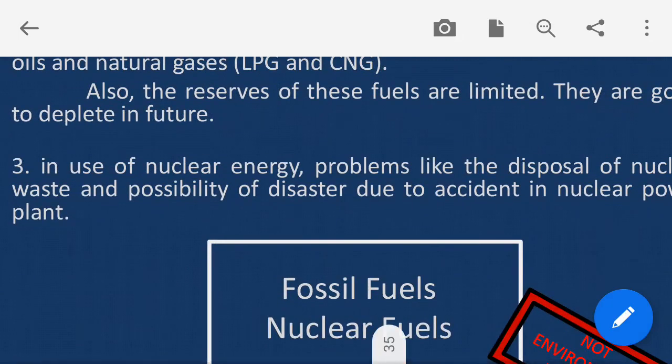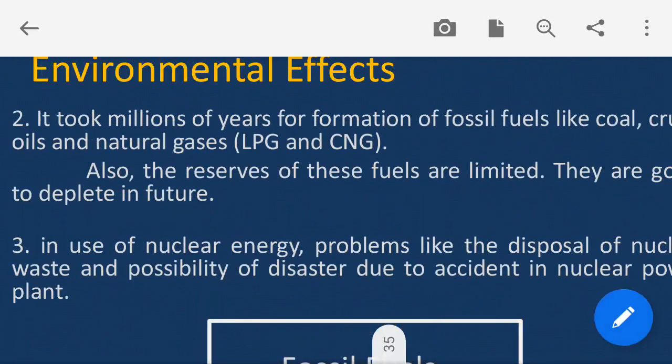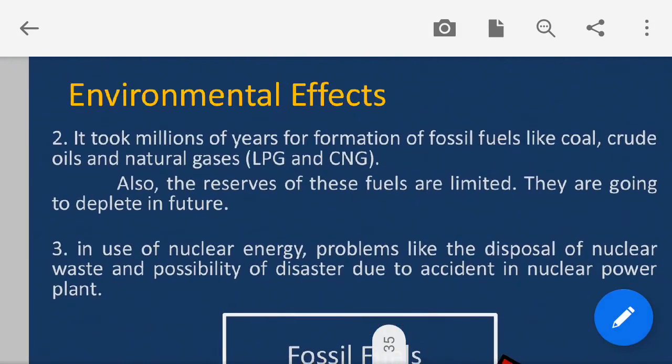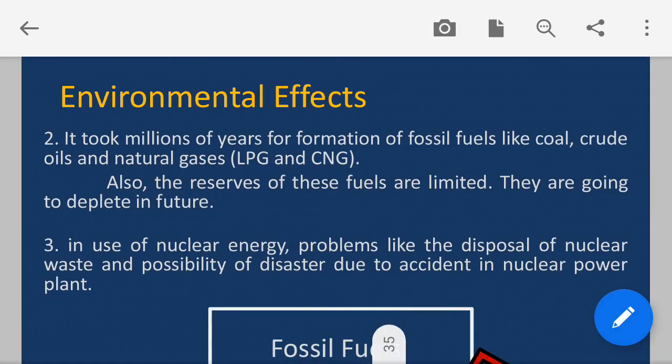The next reason: it took millions of years for the formation of fossil fuels like coal, crude oil, and natural gases. We know that these fuels are generated from the fossils of dead animals. Okay, and the process is very long.